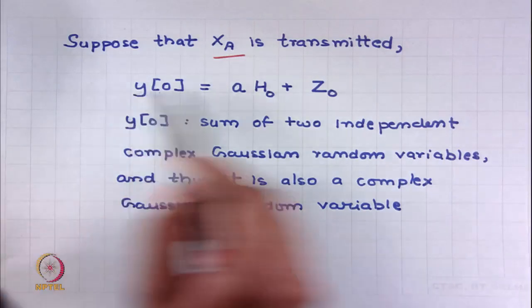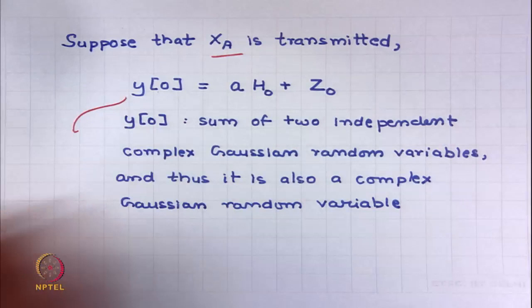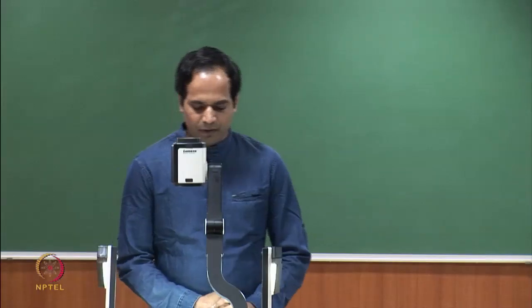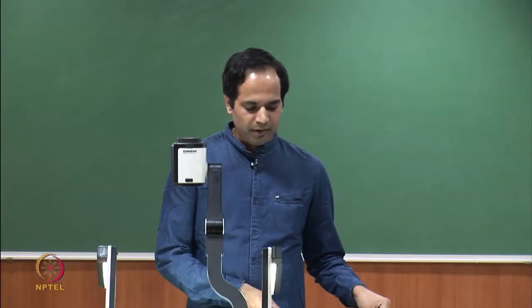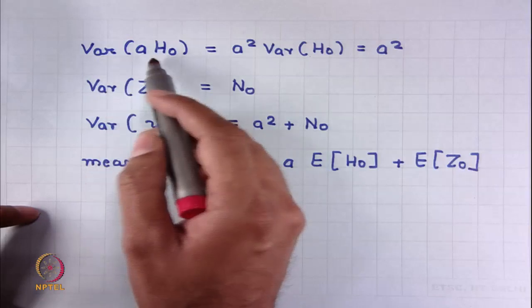Okay. Y0 is the sum of two independent proper complex Gaussian random variables, and thus Y0 is also a proper complex Gaussian random variable.